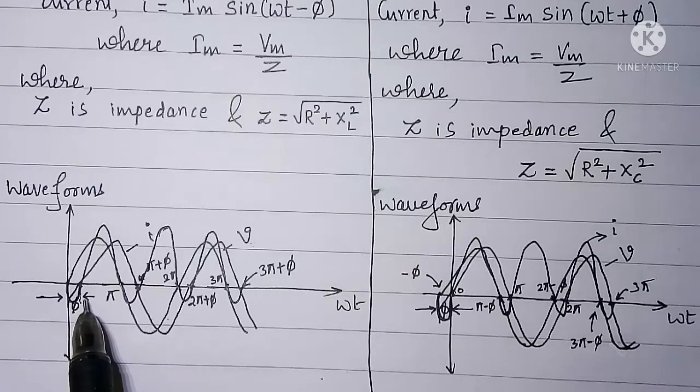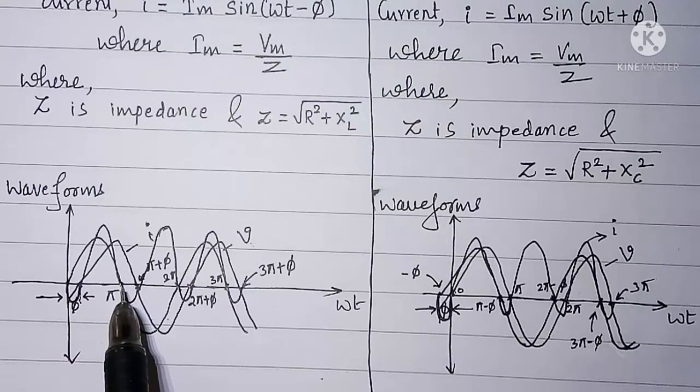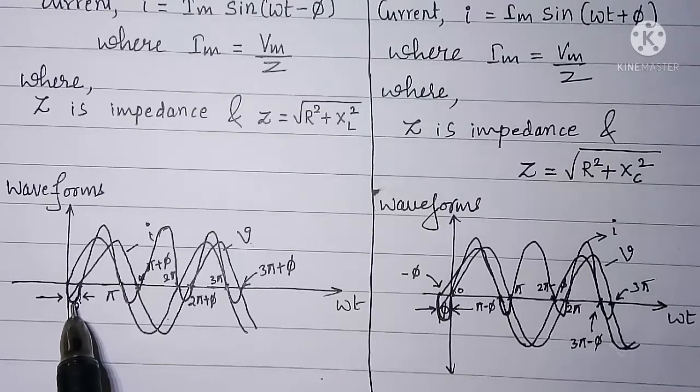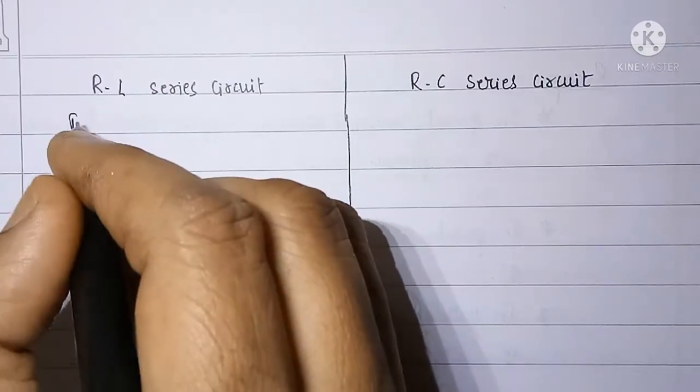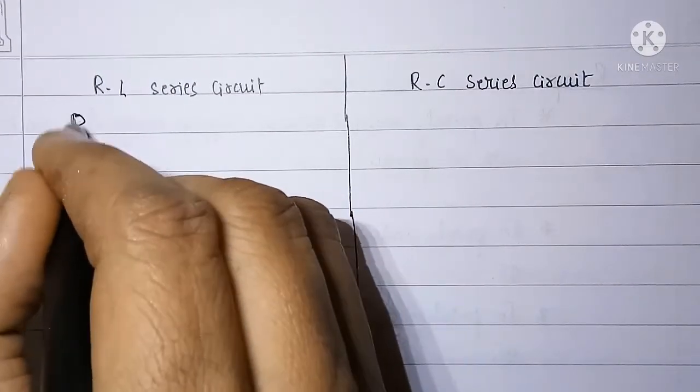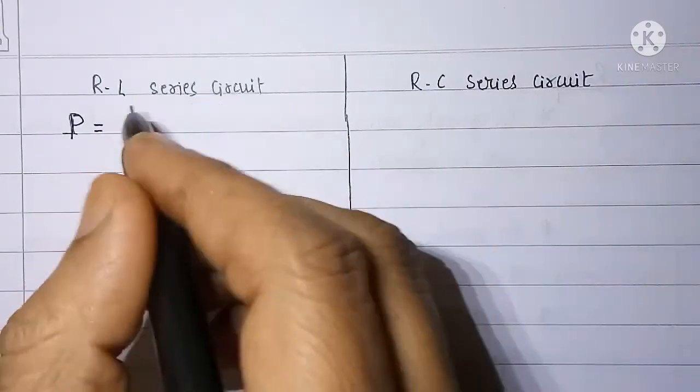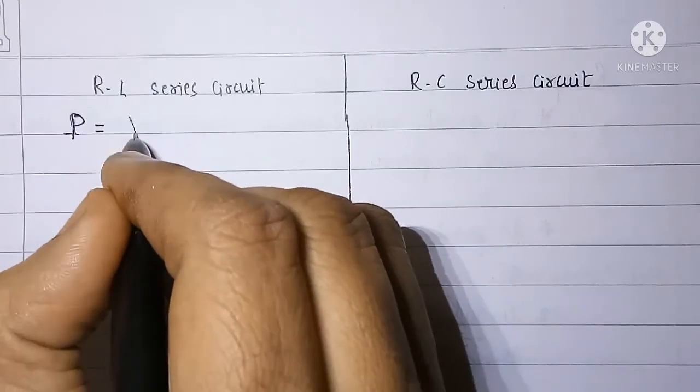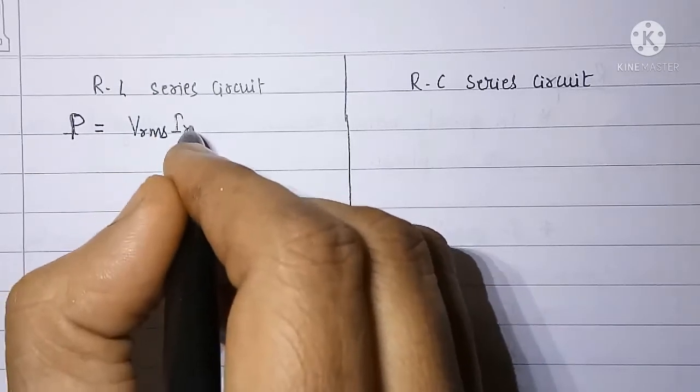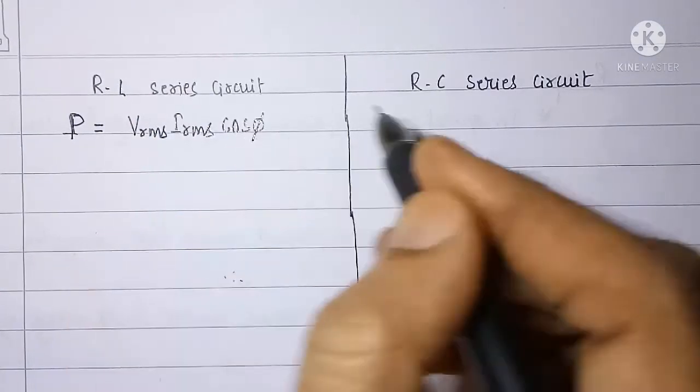Therefore, the power taken by RL series circuit from the source is more than the power returned to the source, which means that RL series circuit, similarly RC series circuit, consume certain definite power, and those powers are given by power P equal to Vrms into Irms into cos phi.